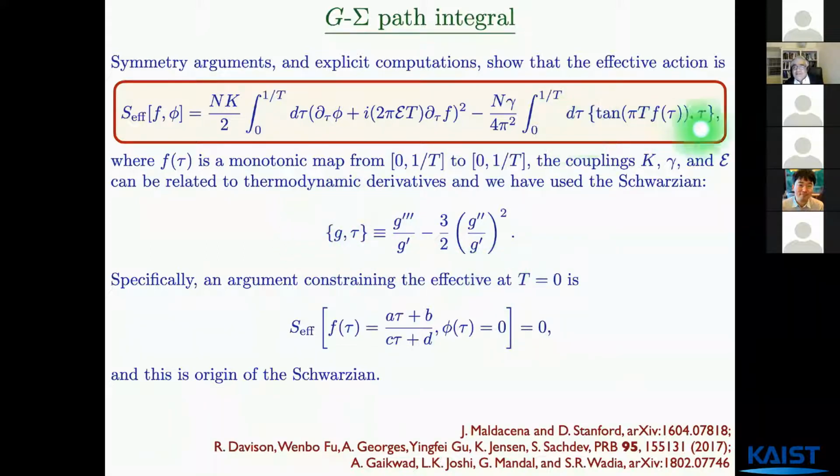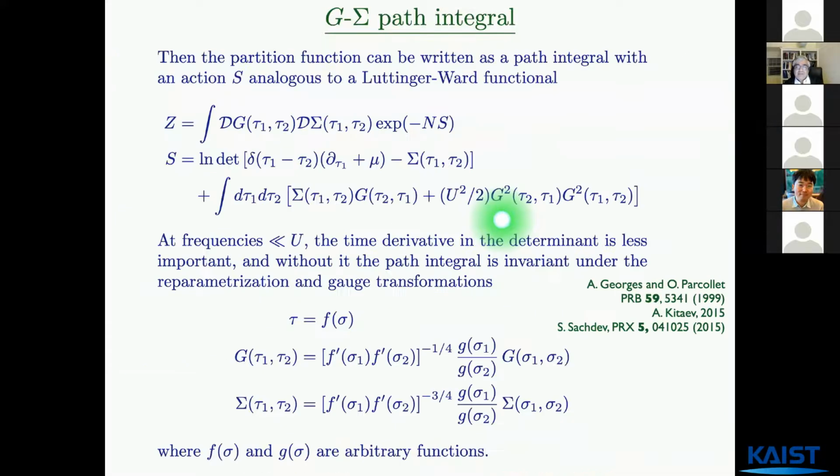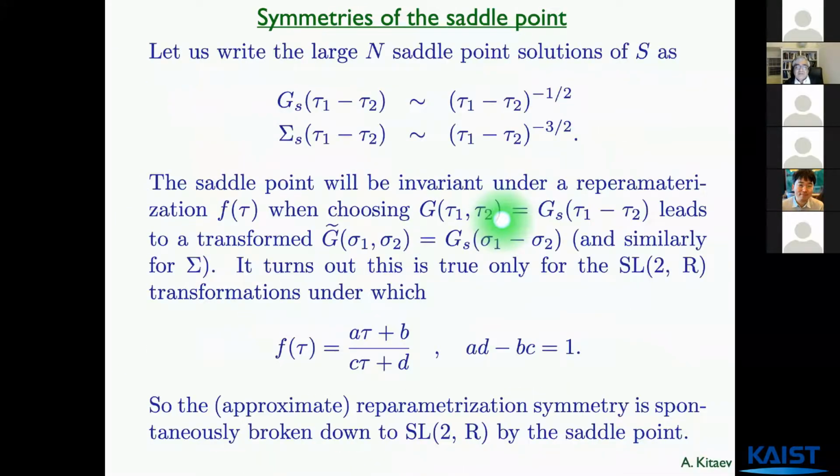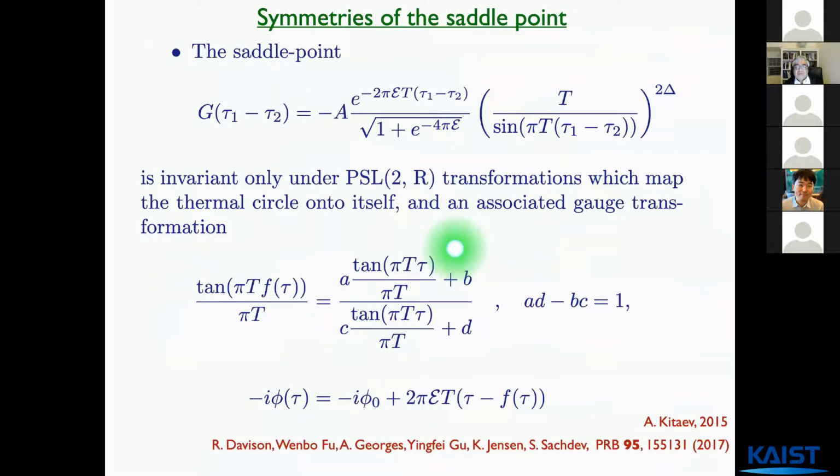And so why does it have this very complicated form rather than just grad f of tau squared or something? Well, the point is, whatever this effective action is, it must be the case that if you do an SL2R transformation, where G goes back to G_S, if this transformation f of tau is SL2R, G_S doesn't change. So that's also true here.